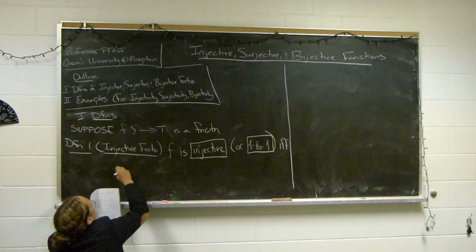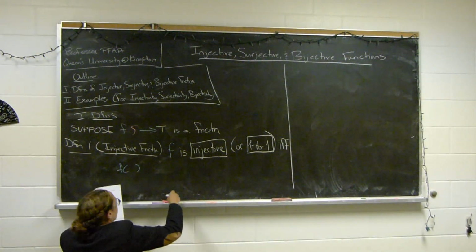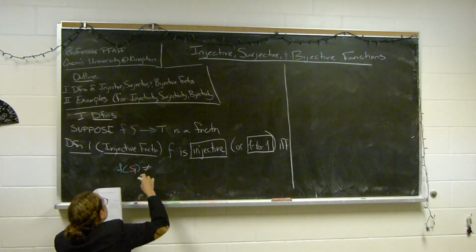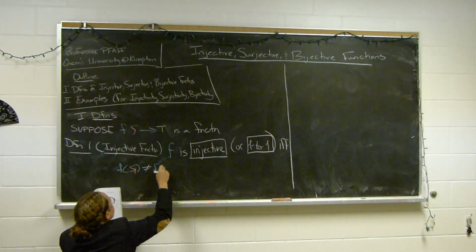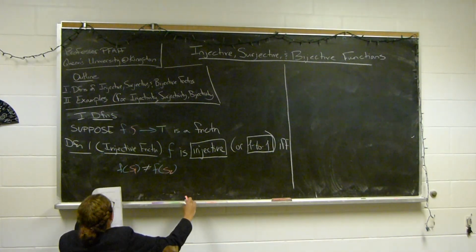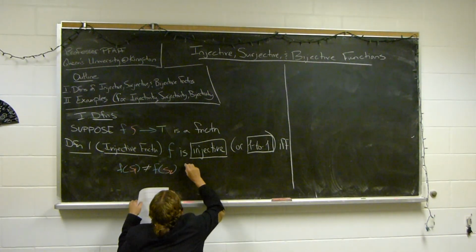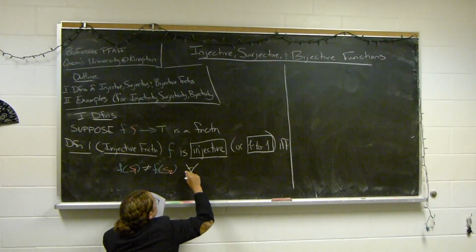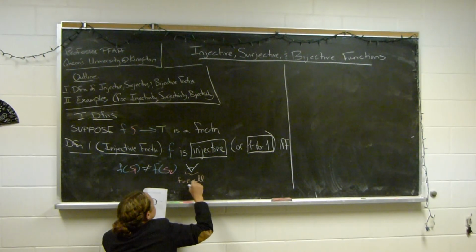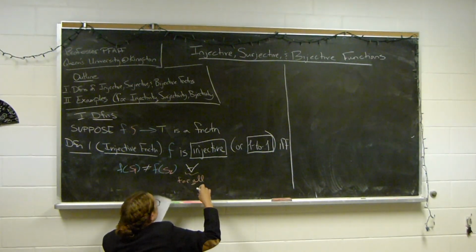We have that f of s1 does not equal f of s2, whenever, this symbol looks like an A, and that's for all. An A is in, that's how you can remember that.